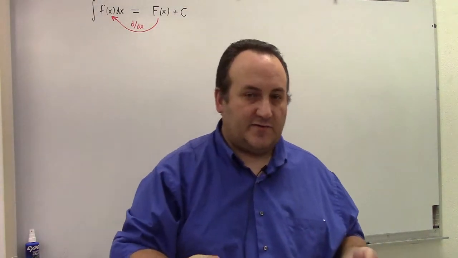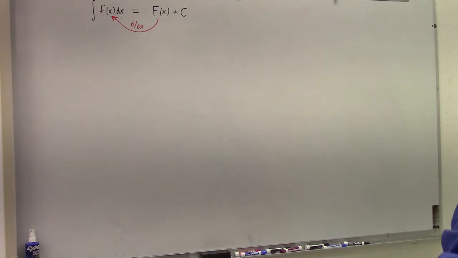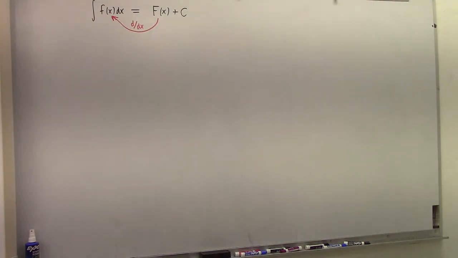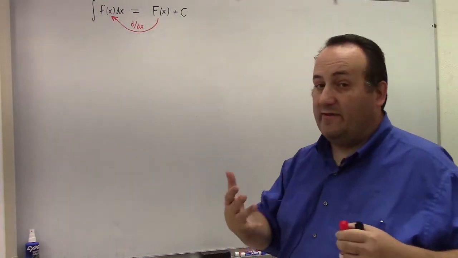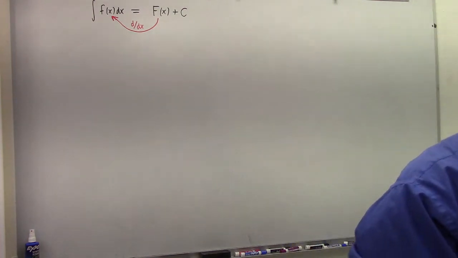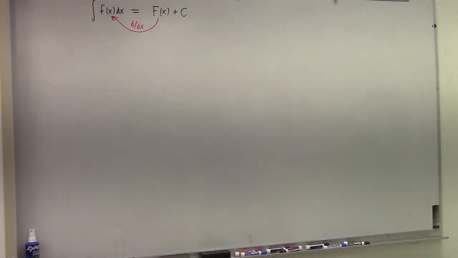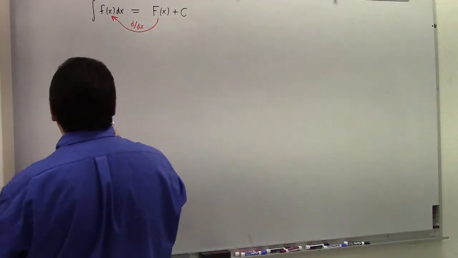So these are like inverse processes. If you differentiate the antiderivative, you should get back the function you started with, all right? And so every antiderivative we guess, all of integration at its base is educated guessing. It's all educated guessing.